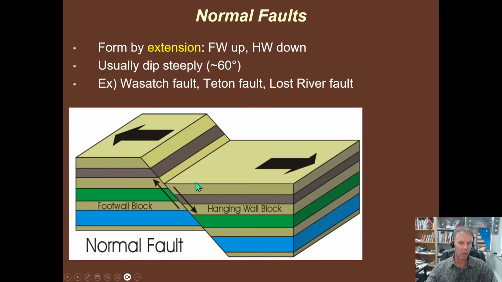A lot of times when we talk about this motion, it's relative motion. So relative to the hanging wall, the footwall has moved up, or relative to the footwall, the hanging wall has moved down. And notice here with this block diagram that we might be able to pick a place. It's not totally intuitive that this is caused by extension, but one way that might be helpful is notice we might drill down from this point right here.